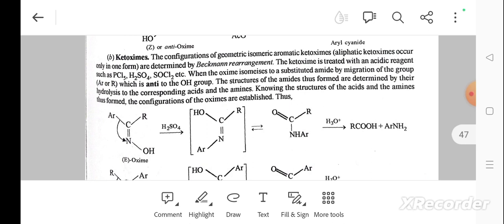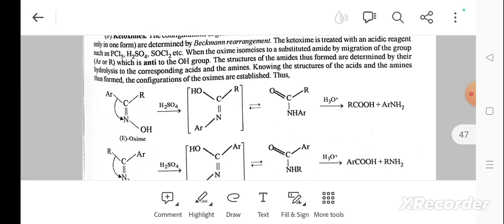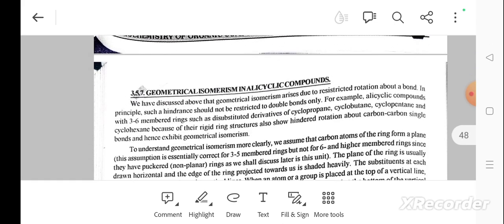The ketoxime is treated with an acidic reagent such as PCl5, H2SO4, SOCl2, etc. When the oxime isomerizes into a substituted amide by migration of the group which is anti to the OH, the structure of the amide thus formed is determined by hydrolysis to the corresponding acid and amine, whose structures are known. The configuration of the oxime is established thus.